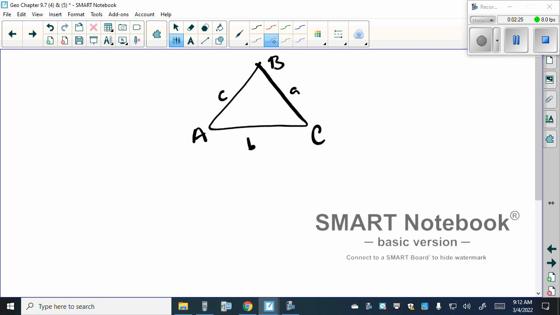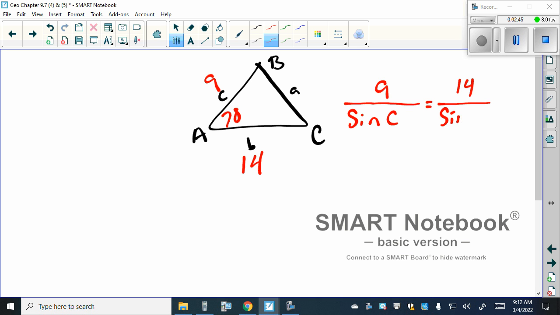So if we were given, say, A is 78 and then 9 and 14, we can't use law of sines for this. Because if we tried to set it up, we could say 9 over sine of c, but we don't know what c is. We could say 14 over sine of b is equal to, well, we do have sine of 78, but it's over a.